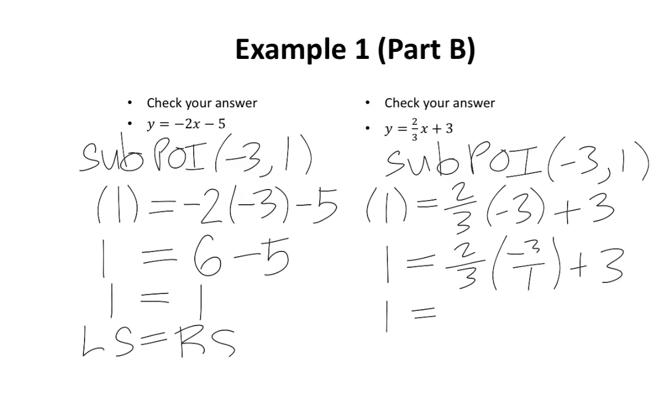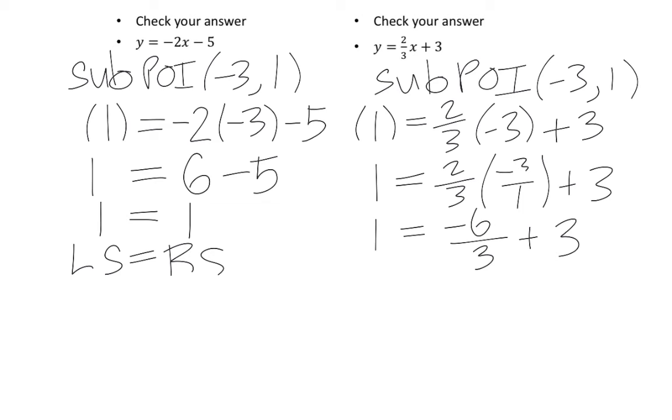When you're multiplying fractions, all you need to do is multiply the numerators and multiply the denominators. So what I have here is 2 times -3, which is -6, and 3 times 1, which is 3. Now I'm just going to have to simplify some of these numbers.